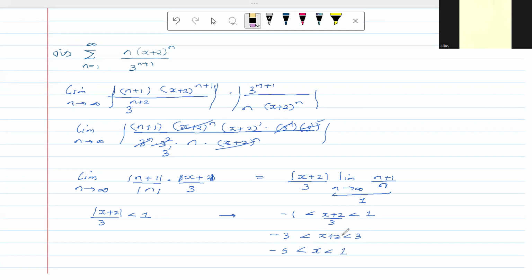So we need to check the endpoints. So we check minus 5 to see whether it's in the interval, and check 1.